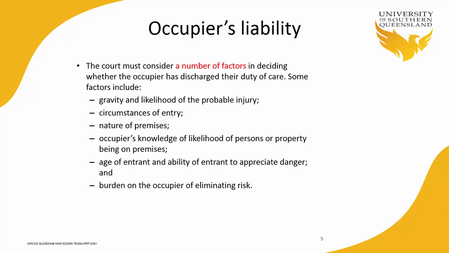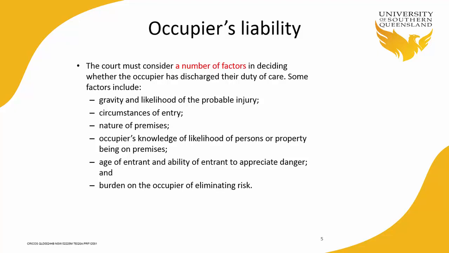Deciding whether the occupier has discharged their duty of care, a court must consider the gravity and likelihood of the probable injury, the circumstances of the injury, the entry onto the premises, the nature of the premises, and the knowledge which the occupier of premises has or ought to have of the likelihood of persons or property being on the premises, the age of the person entering the premises, the ability of the person entering the premises to appreciate the danger, and the burden on the occupier of eliminating the danger or protecting the person entering the premises from the danger as compared to the risk of the danger to the person.